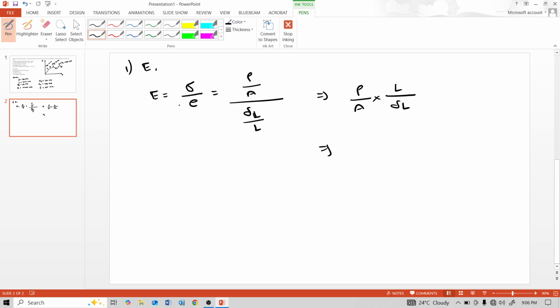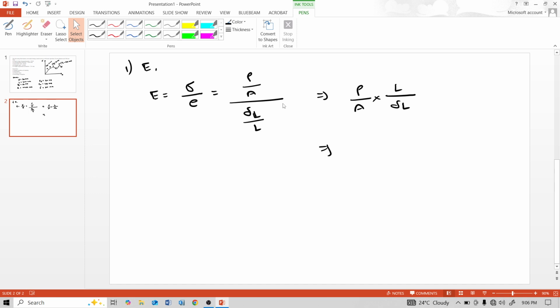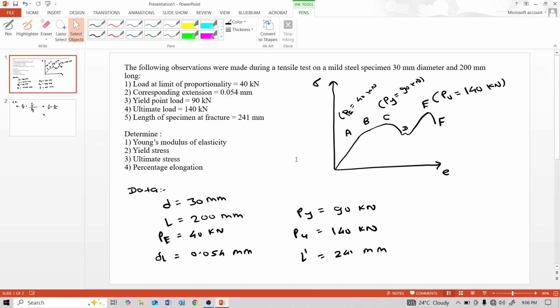Up to this elastic region, Young's modulus and Hooke's law are obeyed. That's why we take load P at the elastic limit point.